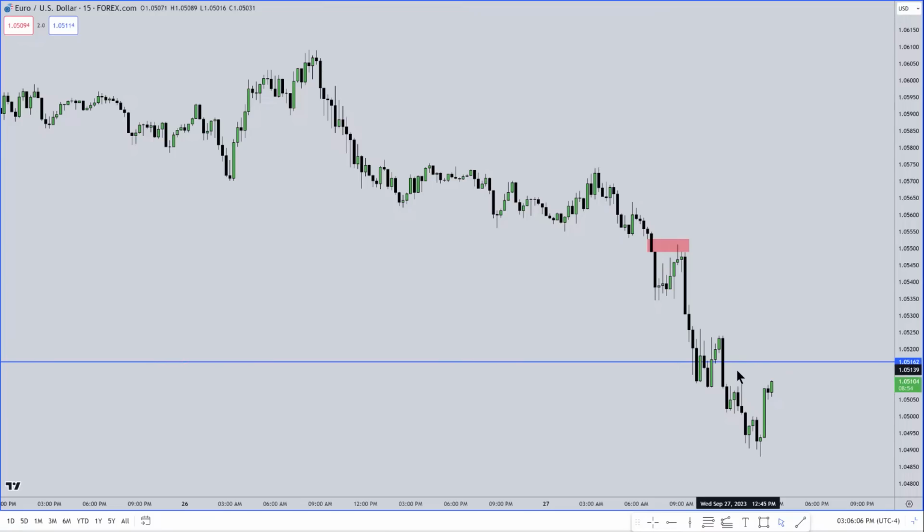Halfway is consequent encroachment. If it just pokes above it a little bit, that's institutional order flow entry drill. Now, because we hit these targets here and it's midweek, we have a few days left in the week. We've covered a lot of ground over the last couple weeks in all assets, whether it be the dollar index, equities, Forex, bond market, gold.